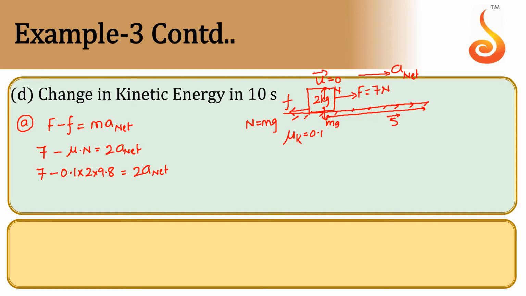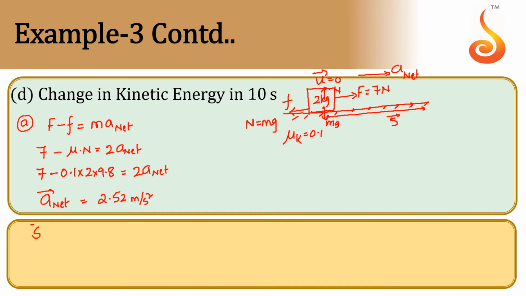So what we get here is 7 minus 0.1 into 2 into 9.8, divided by 2. So net acceleration will be equivalent to 2.52 meter per second square. So we got the net acceleration. Now let us calculate the displacement in 10 seconds.